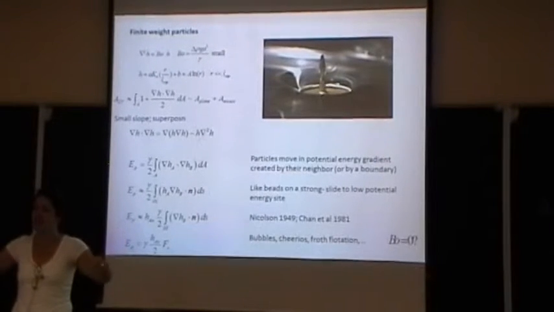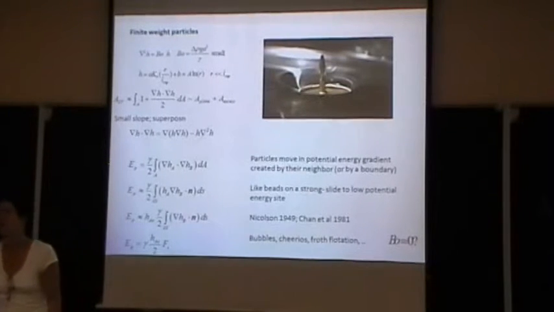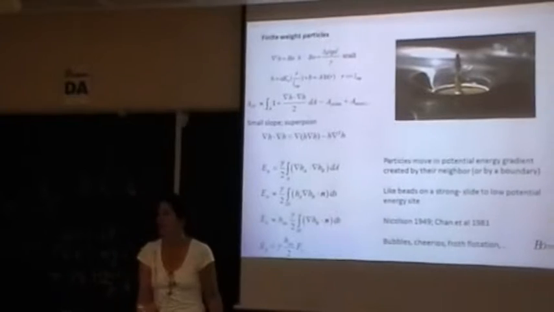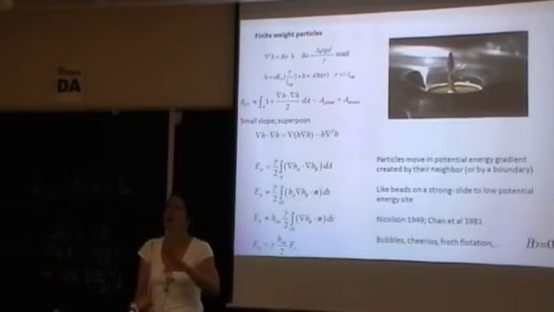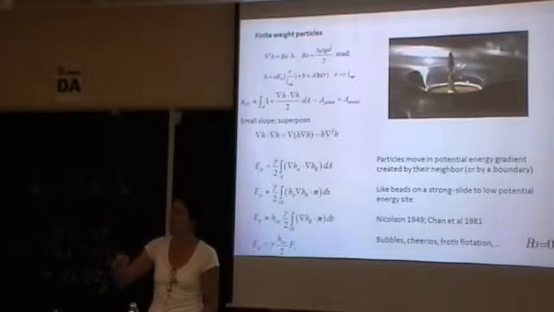So they're sinking into the well created by the neighboring heavy particles. They're rising up the meniscus because of the bubbles, because they have a vertical force pulling them up the meniscus. Or if they're heavy particles, they fall down the meniscus. So that was the upshot of what's happening with the problems where you have particles with finite weight.